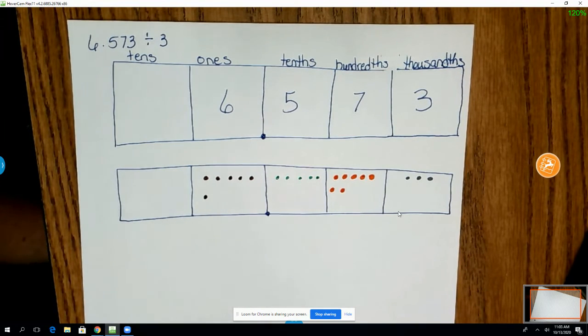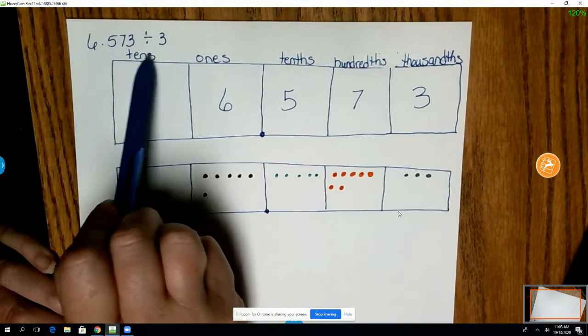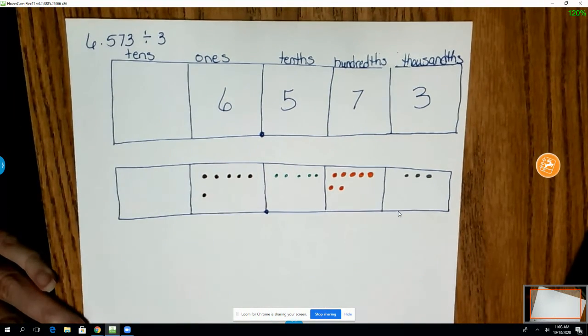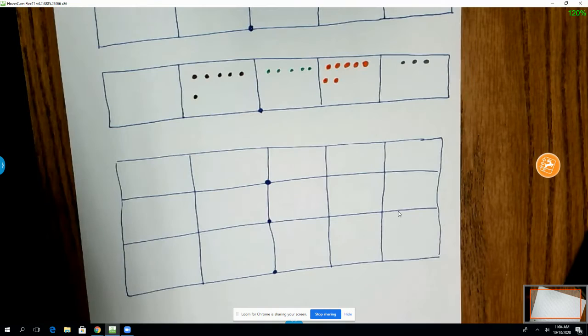Okay, so now we have our dots drawn out, and we need to make the correct number of groups for us to be able to divide these. So look up here, decide how many that is, pause and draw those. Very good.